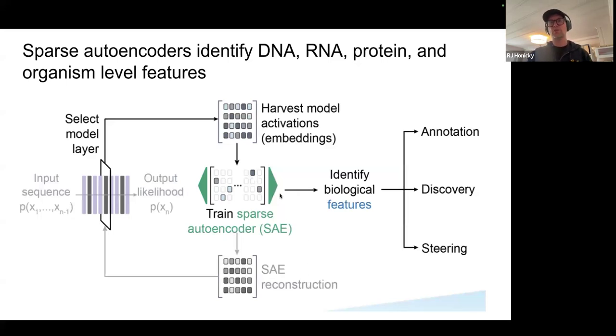Can we learn features that correspond to boundaries of genes, different types of genes, and other things like that? Does that make sense? So I thought this was interesting to include in an eval. I think it's something that maybe we could do in language modeling as well, now that sparse autoencoders are becoming easier to work with.